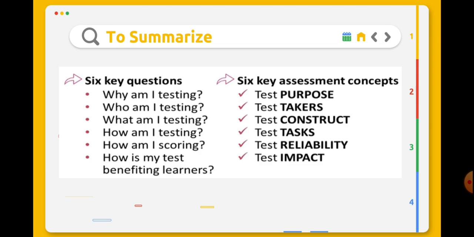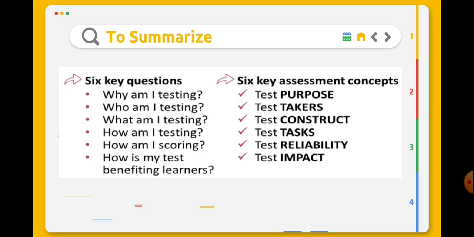Do you have something in mind? Yes, the correct one is the concept of test purpose. Why? Because we set up the purpose or goals before conducting a diagnostic test.